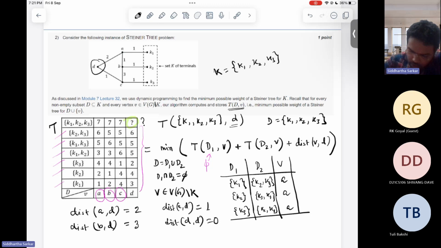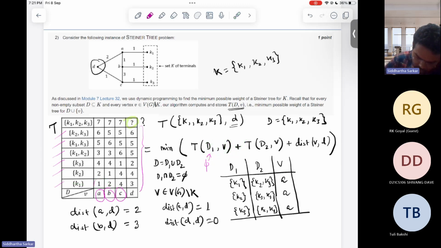So let's consider the partition with K1 in one partition and K2 and K3 in another partition. Let us see what the values are. We have K1 and v is, let us say, A. So we look at K1 and A. This is K1 and this is A, so K1 and A is this one.